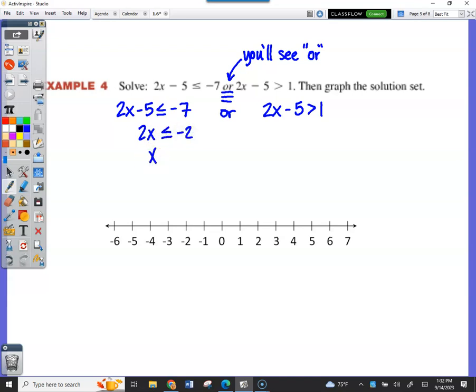Do we flip the sign here? No. Watch out, don't flip it when you don't need to. Remember, it's or, which means you're putting both on there. We're not looking for overlaps. This is less than negative 1 or equal to it. And this is greater than 3.